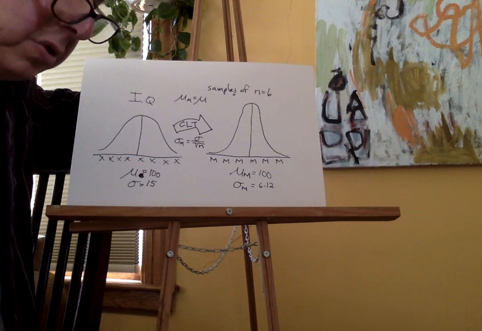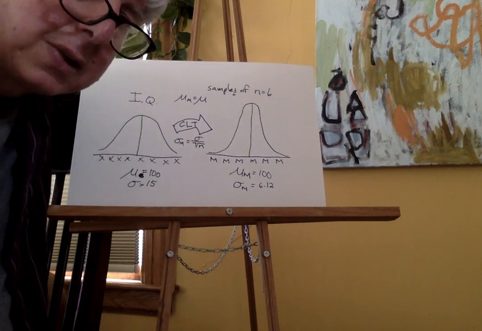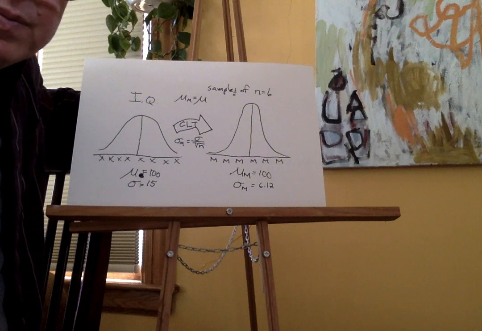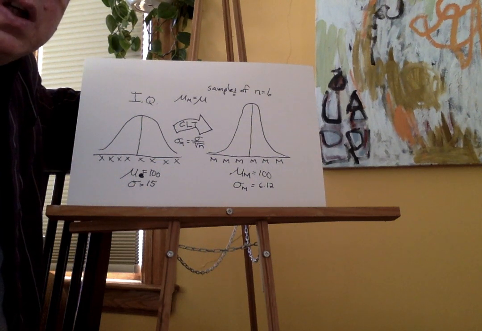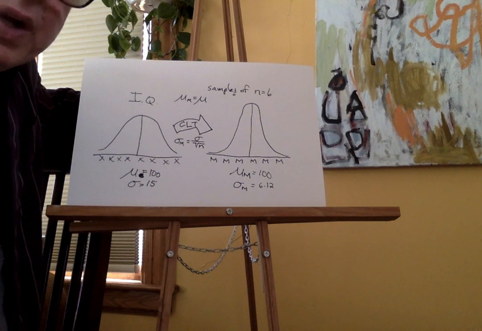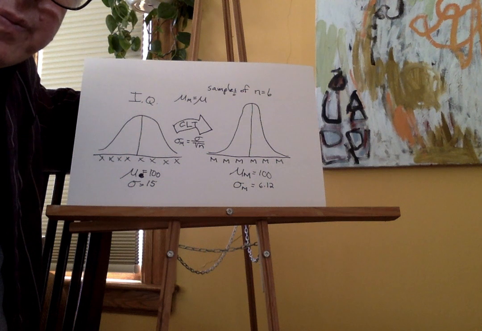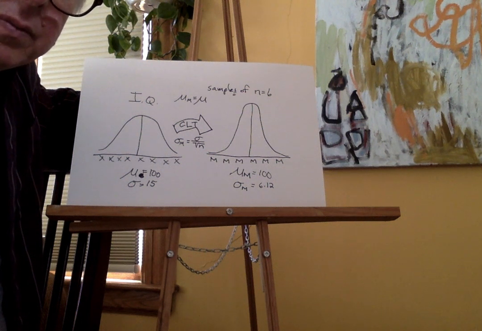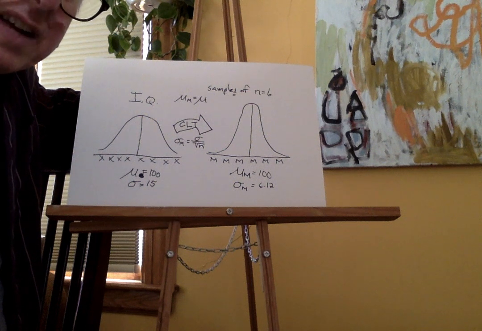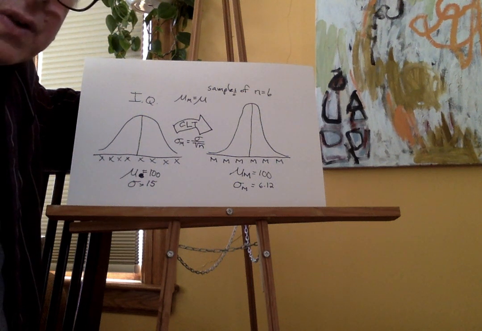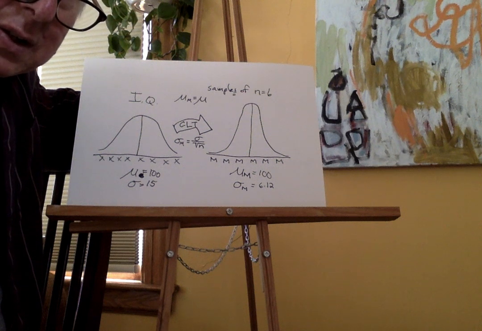And I'm going to actually give you a couple minutes to do this problem, okay? Let's ask, what's the probability of falling within 5 points of the mean for individuals? And then what is the probability of falling within 5 points of the mean for a sample of 6?